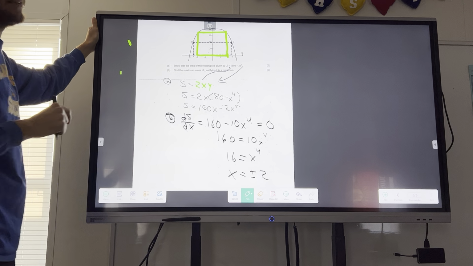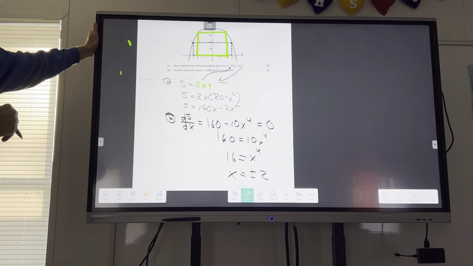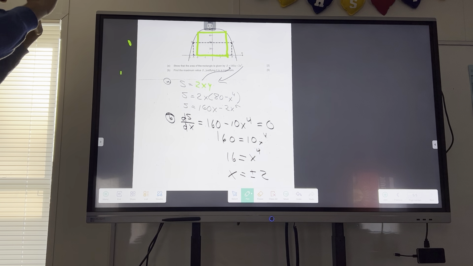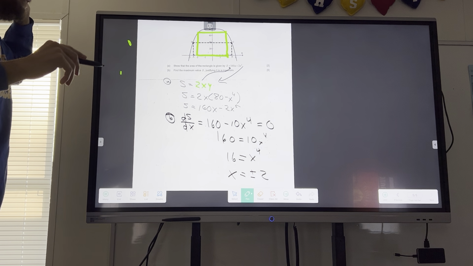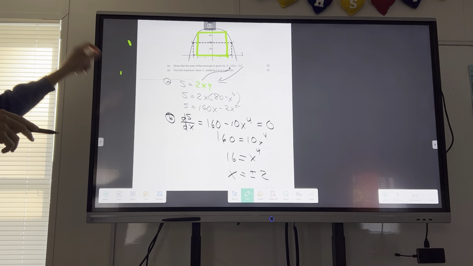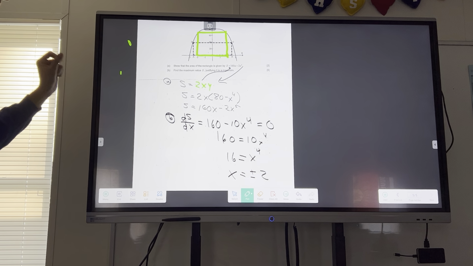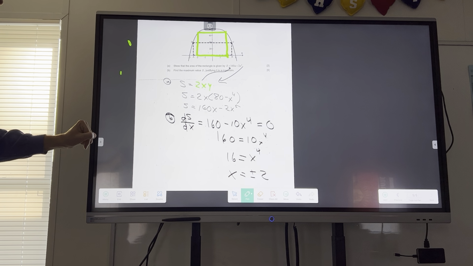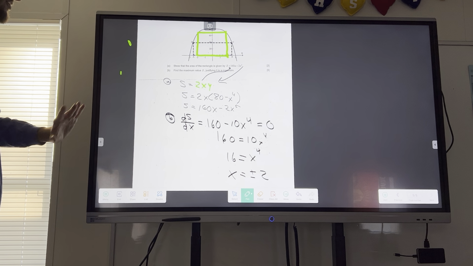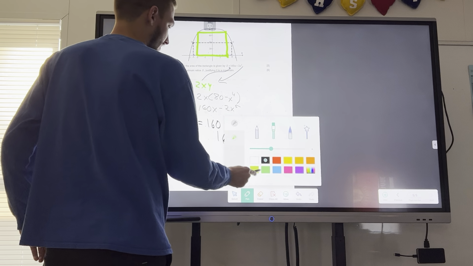That is the biggest rectangle that you could possibly make. Out of all the values, that is the biggest one. But what is the actual question that they said? Find the maximum value of S and justify it. So we haven't answered either part of that question yet.